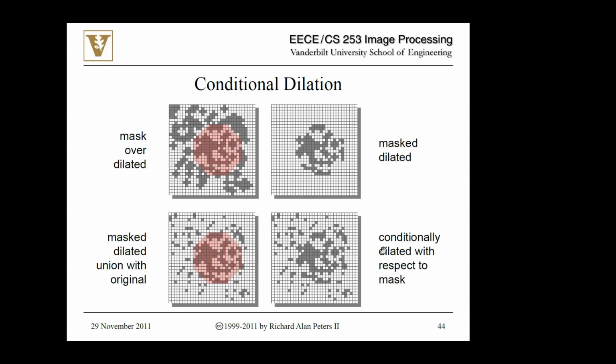This is called the conditional dilation with respect to the mask. So you give me a mask and a structuring element, and they follow this process: first dilate, then apply the mask, then compute the union. That is the result. This is called conditional dilation with respect to the mask.